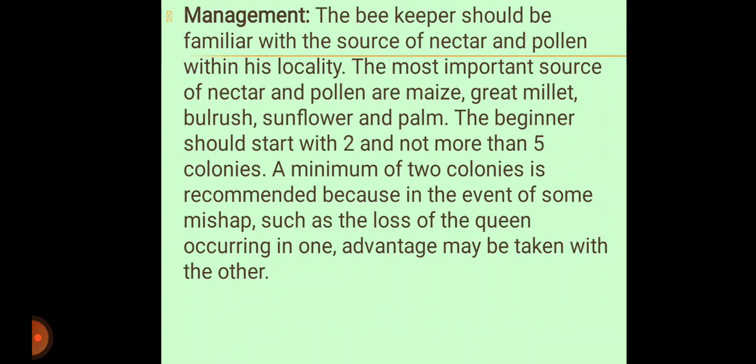The beekeeper should start with 2 and not more than 5 colonies. A minimum of two colonies is recommended because in the event of some mischief, such as the loss of the queen occurring in one, advantage may be taken of the other.